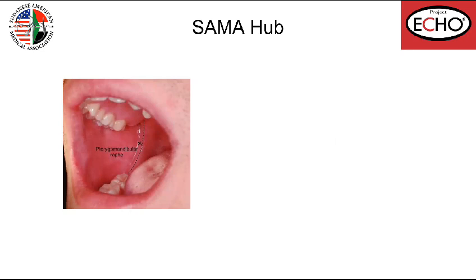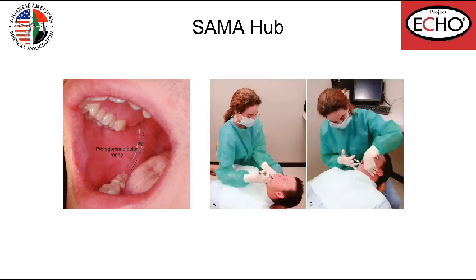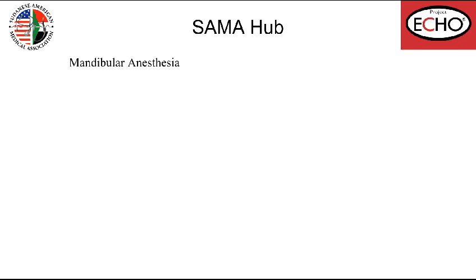The area of penetration is anterior to the pterygomandibular raphe, above the occlusal plane, of course, and the concavity or your thumb will make like a landmark for the horizontal axis. This is the position, the correct positioning.